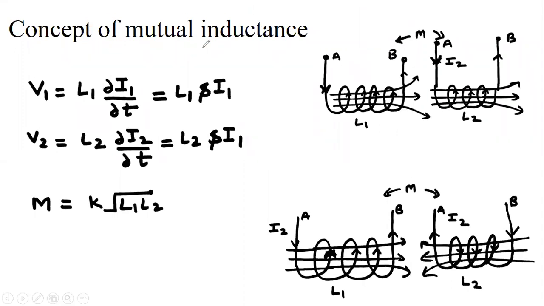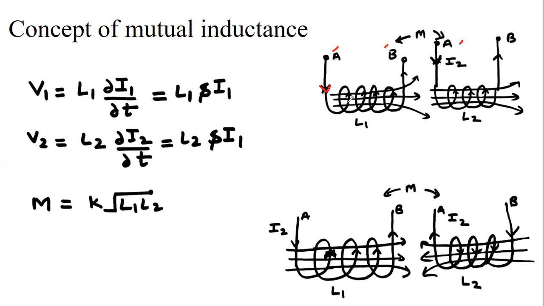So first, what is inductance and what is mutual inductance? So see, here we have shown two coils, one coil with inductance L1, and this is my second coil. Whenever a current flows in a coil, there will always be a flux linked with the coil. And we can calculate the direction of flux using the right hand thumb rule.